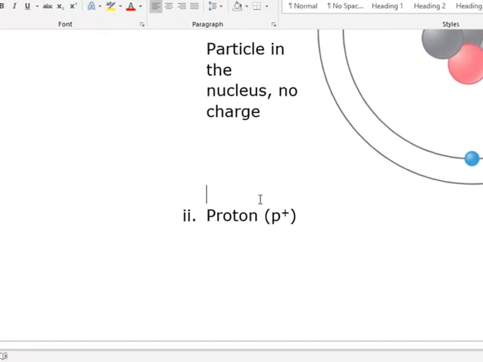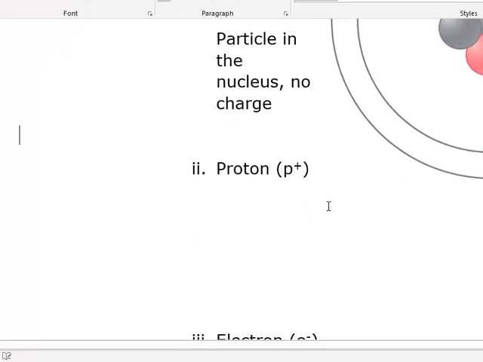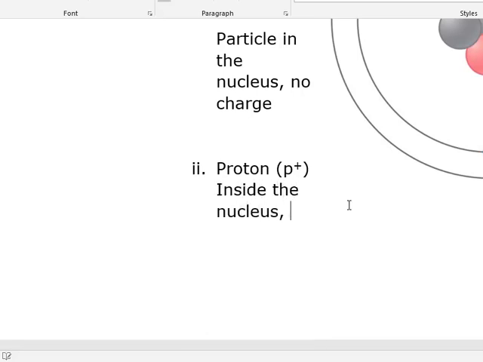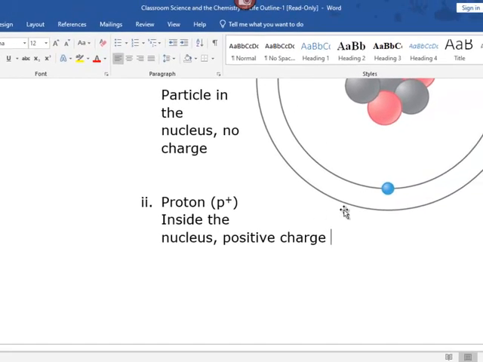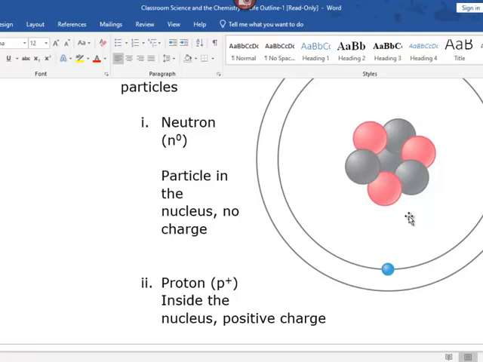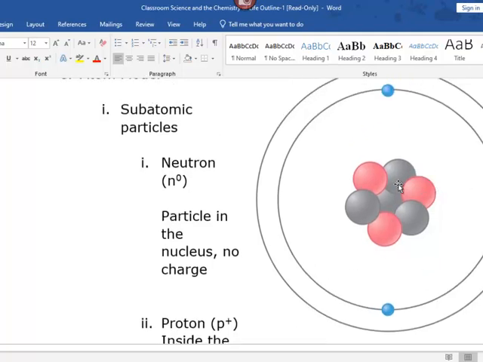Protons, and I'm going to bring this back up. A proton has a positive charge, like it says here. So it's also inside the nucleus, and it has a positive charge. Atoms in their natural state, overall they have no charge. So what that means is here are 3 little pink guys with 3 protons.